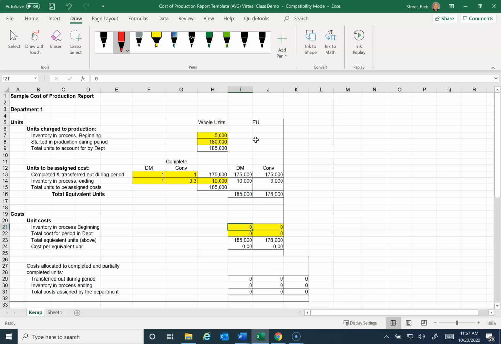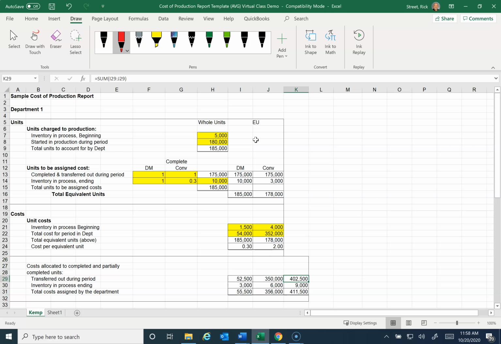Now we add our costs that we had in our T account, 1,500 for materials and 4,000 for conversion costs. Costs added during the period were 54,000 and 352,000 in overhead and labor costs, and we get our cost per equivalent unit.